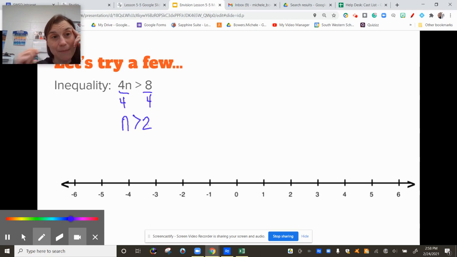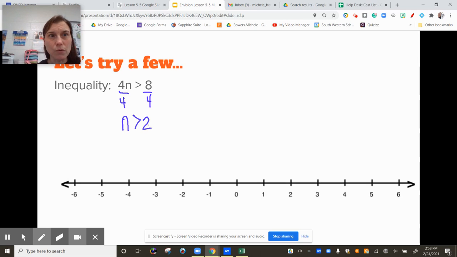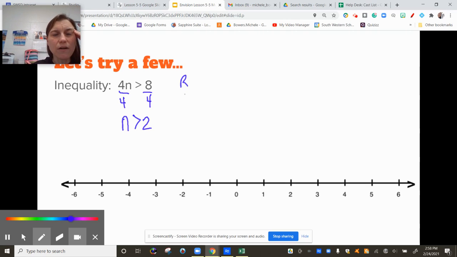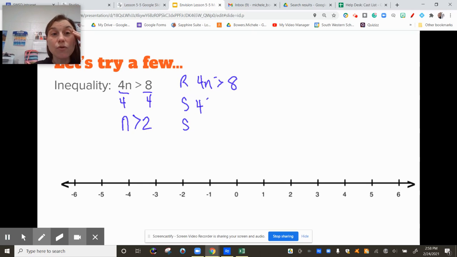But we learned last time that we don't just want to assume that that's the correct solution. We're going to want to check it. First we want to check to see if we solved correctly. So we're going to RSS. This is just to check to see if we have the right target number. So 4n is greater than 8. 4 times 2, is that greater than 8?